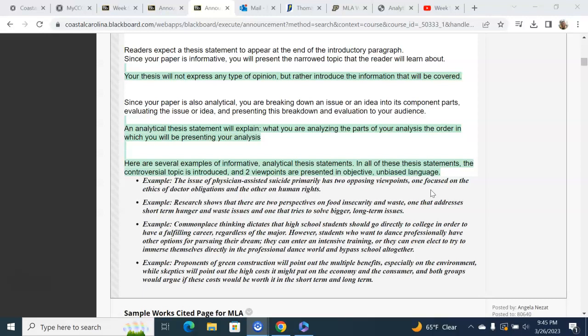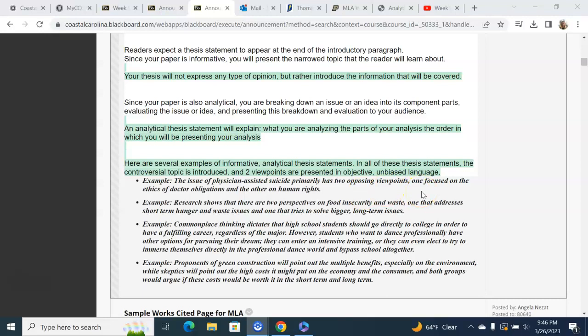This is actually probably the most difficult part of this paper, really trying to hone in on your 2 viewpoints. Sometimes your viewpoints aren't so obvious at first, and that's why I'm having you cover that in your discussion board that's due on March 30th, on Thursday, so that I can see if you're in the right direction. For example, if you look at this topic of physician-assisted suicide, most people would want to argue for a morally right or a morally wrong perspective, and that's not what you're doing.